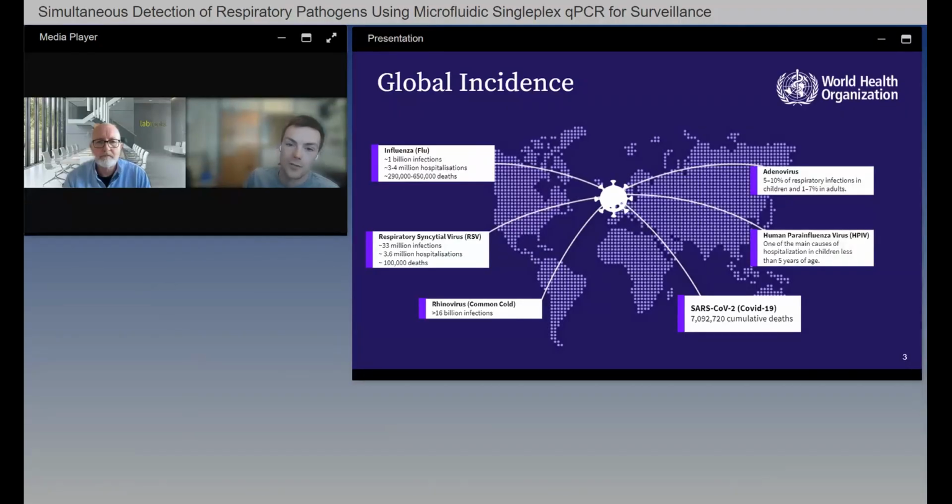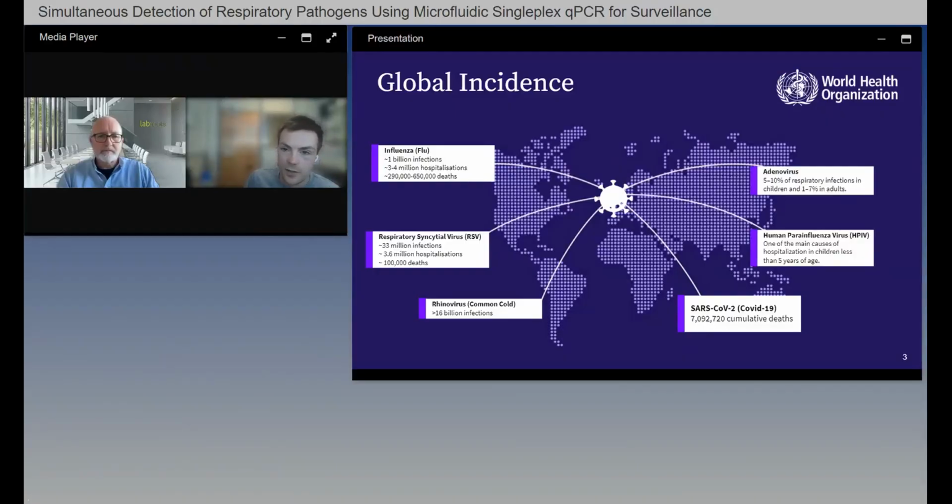The other common respiratory pathogens you'll probably be highly aware of are influenza, RSV, which has a lot of vaccine development work going on recently, well, has been approved recently, and then others such as adenovirus, which can be a big problem in children globally and in low to middle income countries.